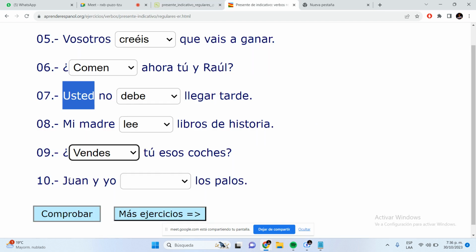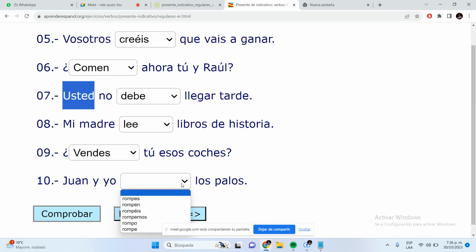And finally, Juan y yo, the verb is romper. Romper means to break. So Juan and I break the sticks, right? So it's plural, right? I don't know. Rompes.